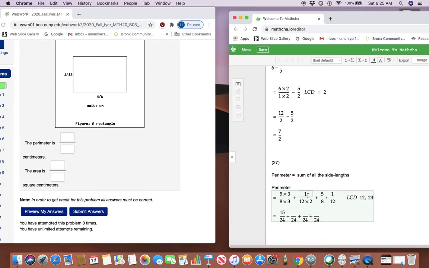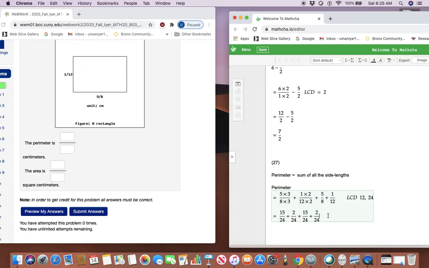So whatever I multiply to the denominator, I must multiply to the numerator. Look at that. That's the repetition of the first one, right? So I'm going to get the same value here as here.